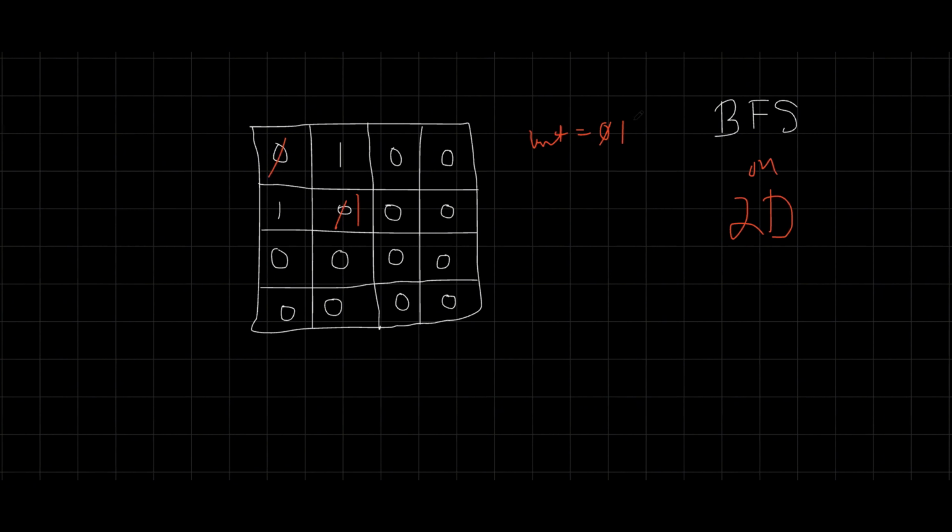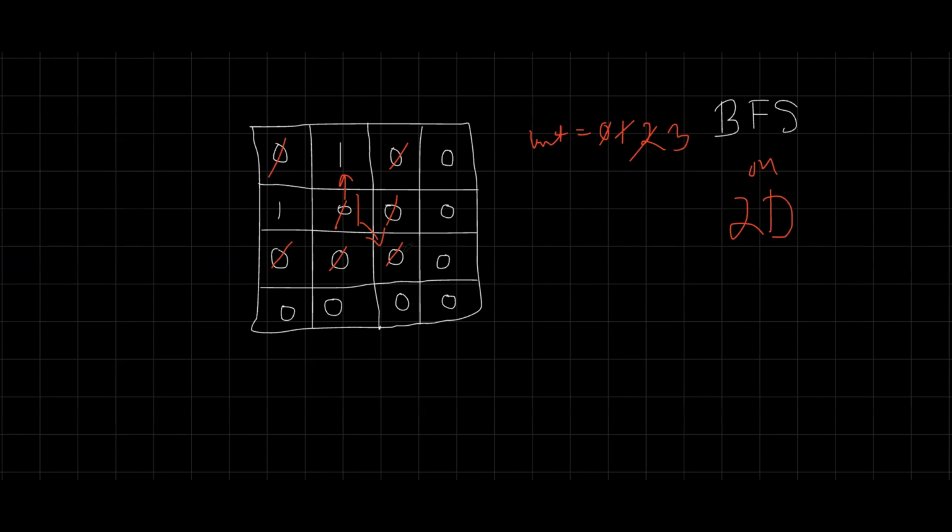Now, for this one, this is the second level. So from this one, we can go in the 8 directions. So we can easily visit this, this, and that. Now, suppose from this one, currently we are at this position 0, and here the level will be 3.